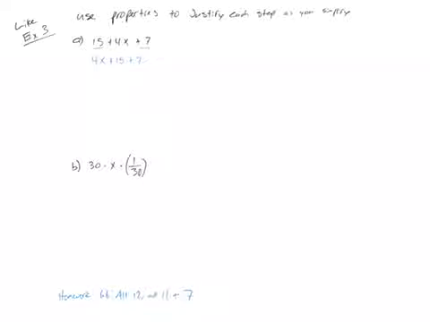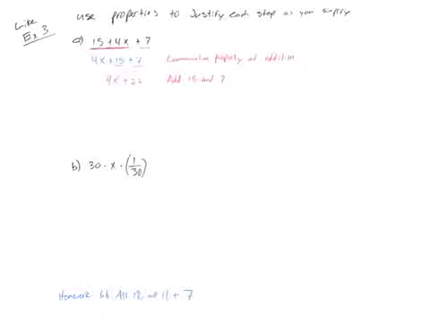So what has changed? Well, notice here we had 15 plus 4x, and now we have 4x plus 15. So that's going to be what we call the commutative property of addition. Next, we're going to want to add those two numbers together. So it's just going to be 4x plus 22. And here you just say, that's not necessarily a property, so just say add 15 and 7. And that is as simplified as that one goes.